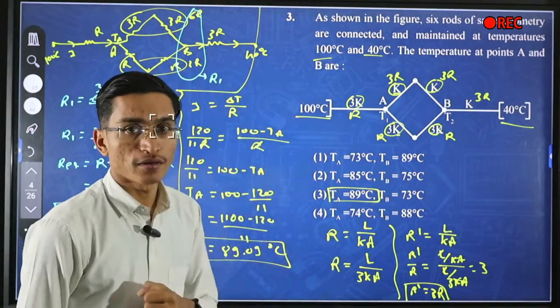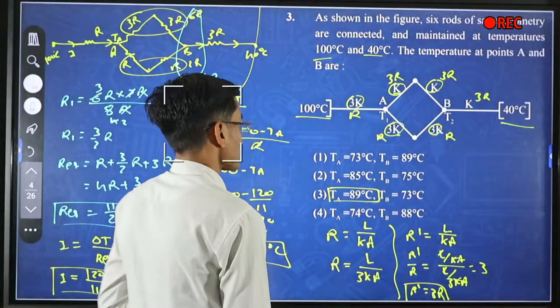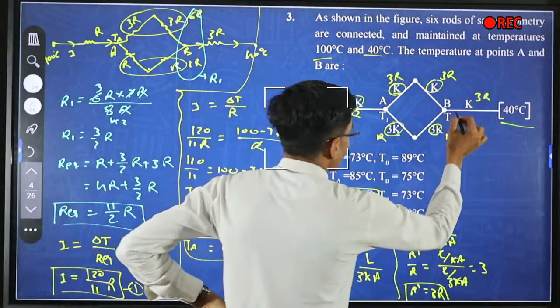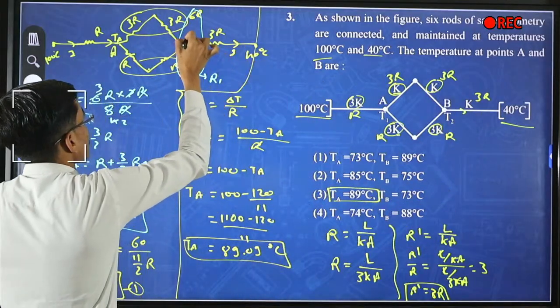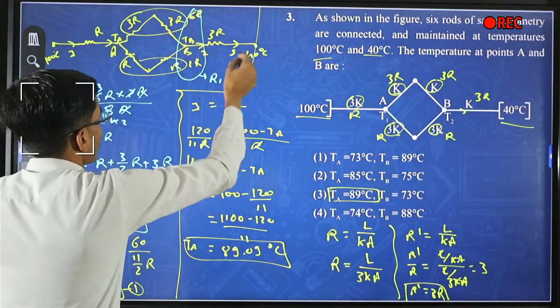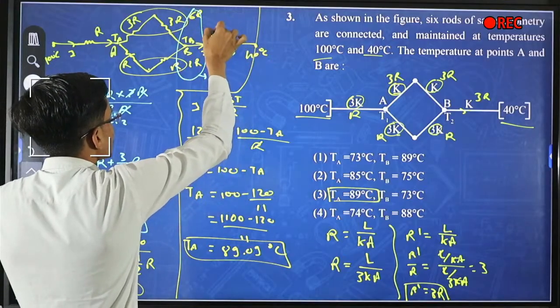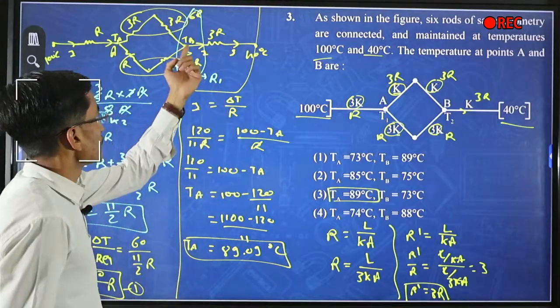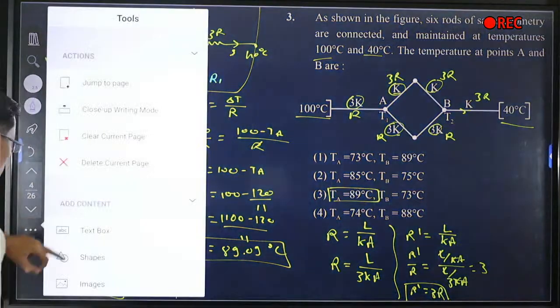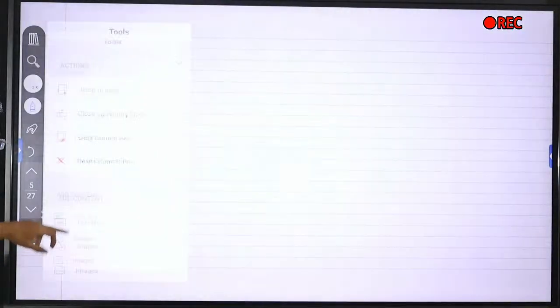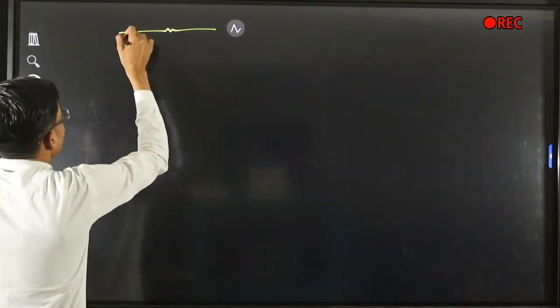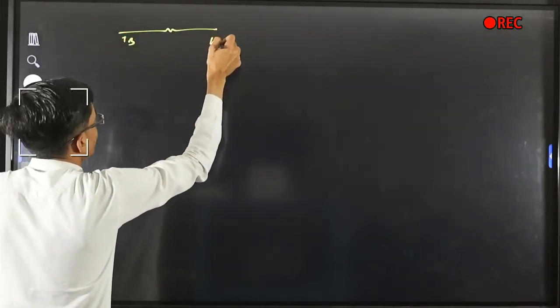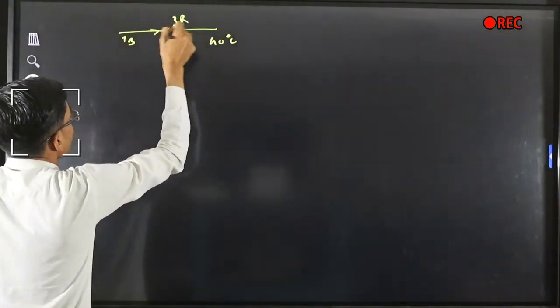But let us find TB. That is how we can find TB. For that, here also current I is passing. We have to find the temperature at point B. The temperature of one point is given and the resistance is 3R, so we can find TB easily. So here is TB, here is 40 degrees Celsius, the resistance is 3R, and the current I is passing.